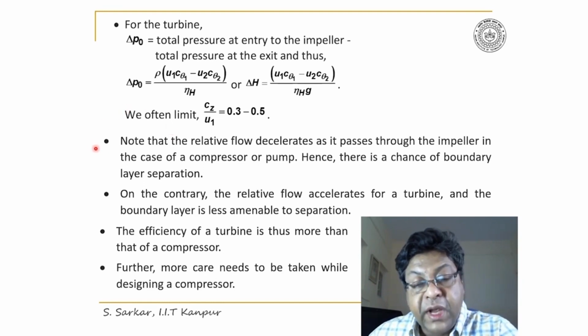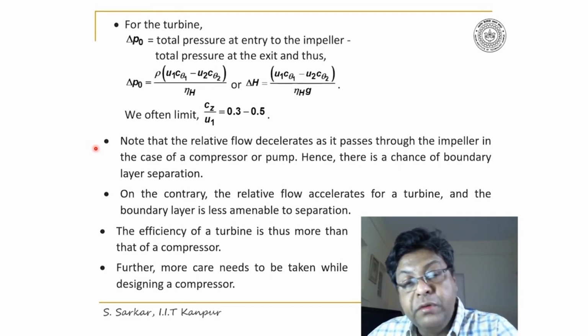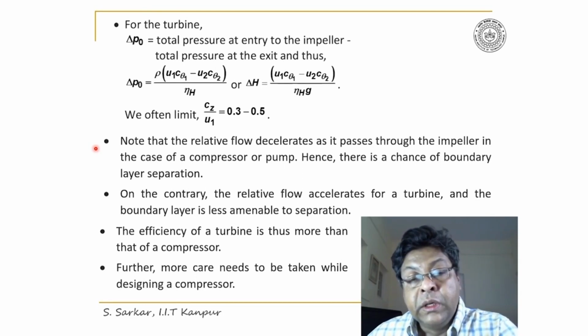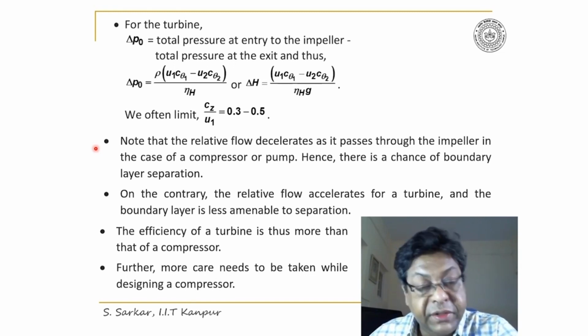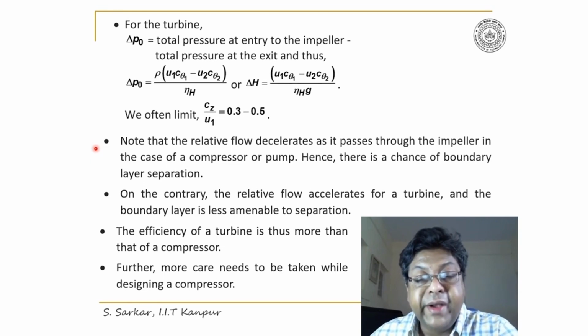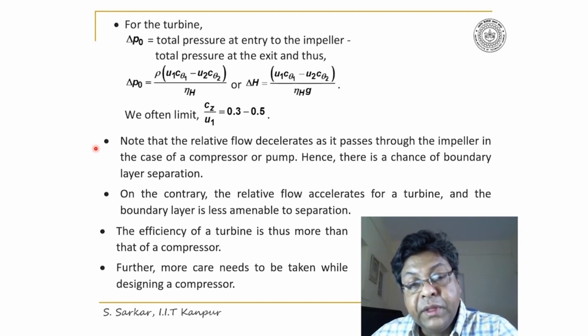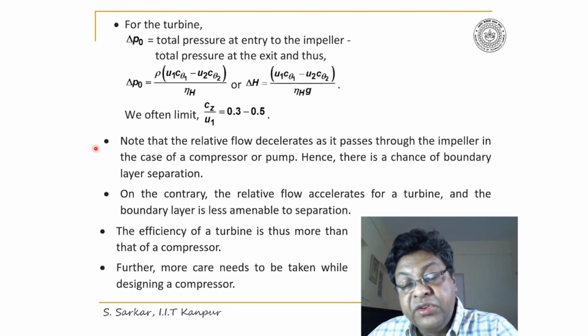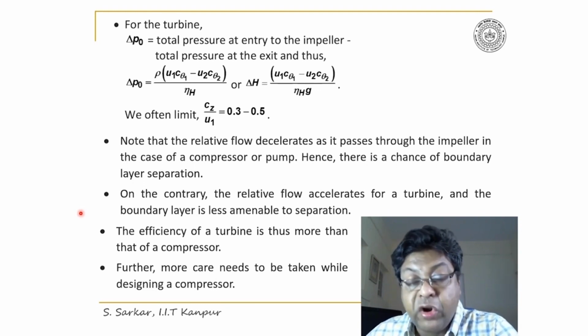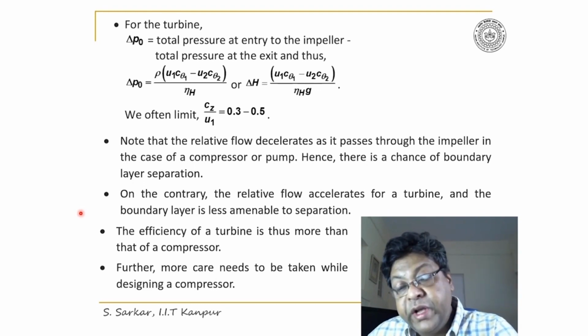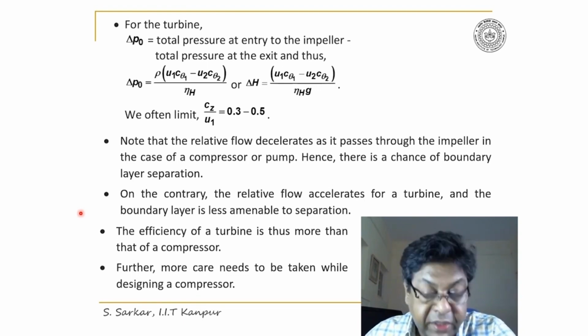I like to tell you one very important point, that for a compressor, the flow decelerates. Thus, the boundary layer on the blade surface grows against an adverse pressure gradient, and so there will be a chance of separation. On the contrary, the relative flow accelerates for a turbine, so there will be favorable pressure gradients.